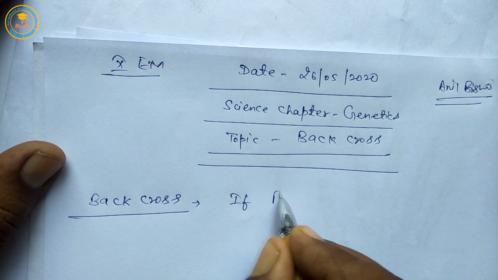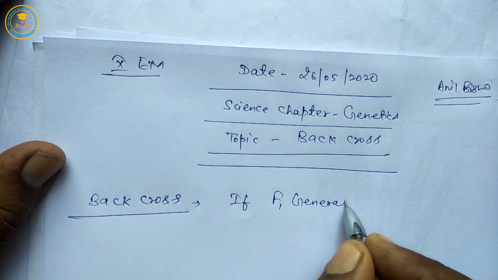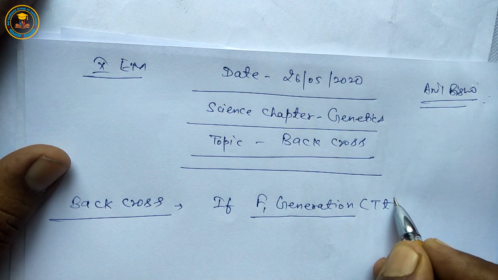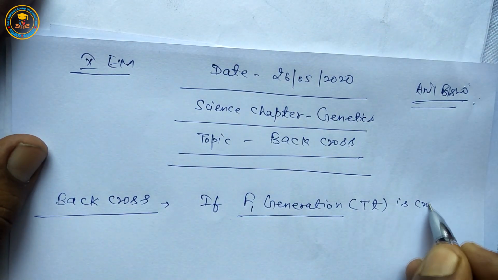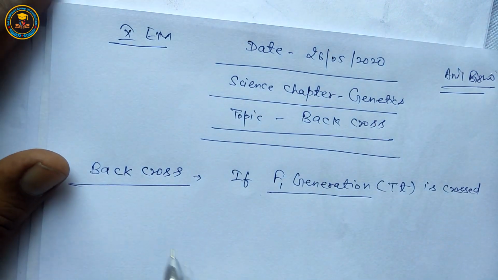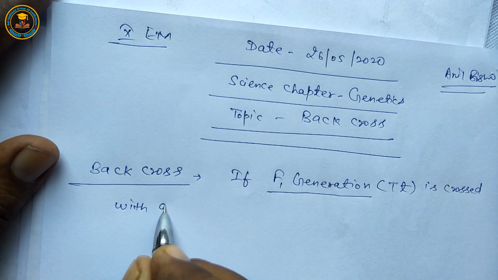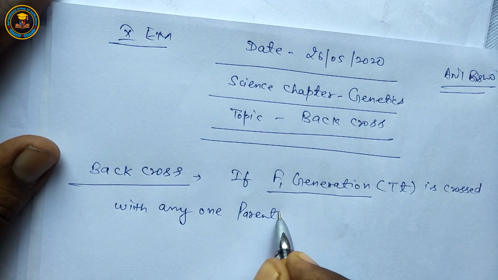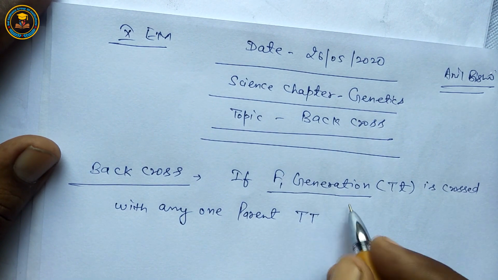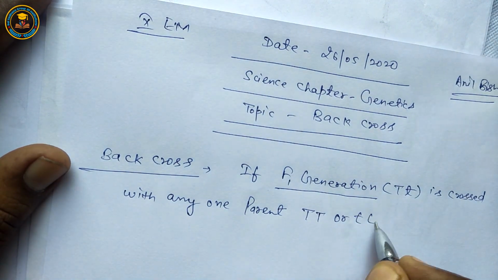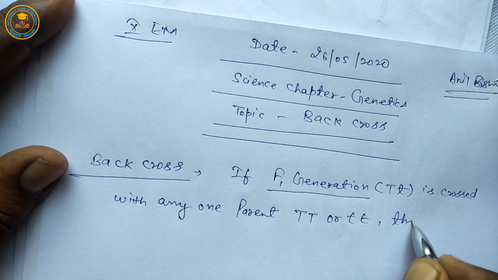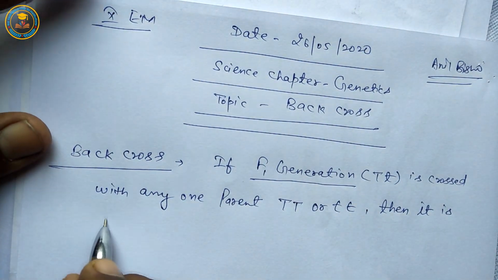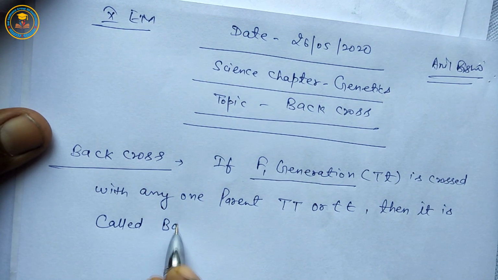If F1 generation, it means first filial generation, is crossed with any one parent like capital T or small t, then it is called back cross.